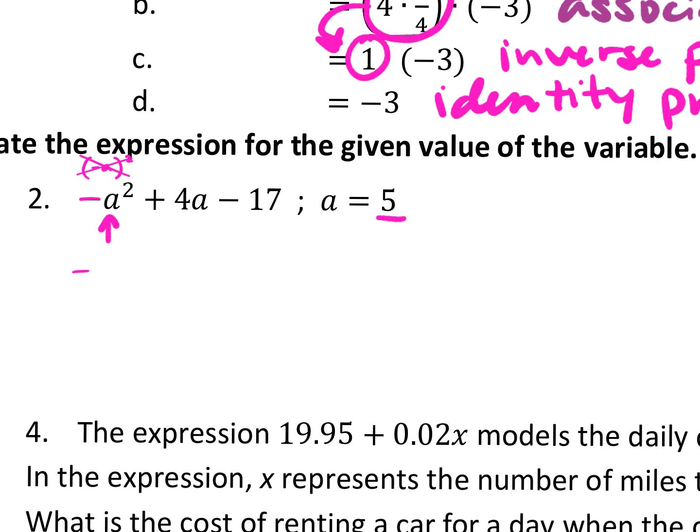So this is the opposite of 5 squared plus 4 times 5 minus 17. So this is the opposite of 25 plus 20 minus 17. And as soon as you have addition and subtraction as your only things left, then you just go left to right. You can literally plug that into your calculator if you want, and that comes out to a -22.